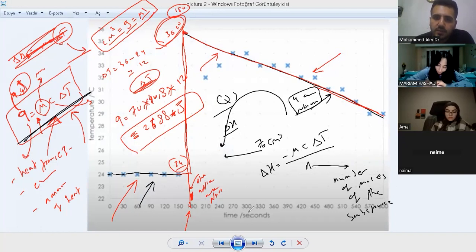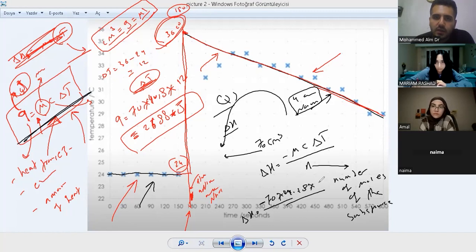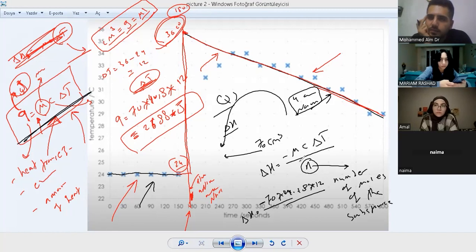Delta H equals minus M, which was 70, C which is 4.18, and delta T was 12, as we said, over N. What's the number of moles that we added? We used 4 grams of NaOH.